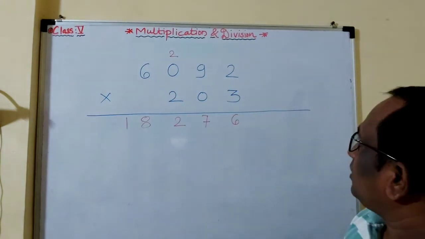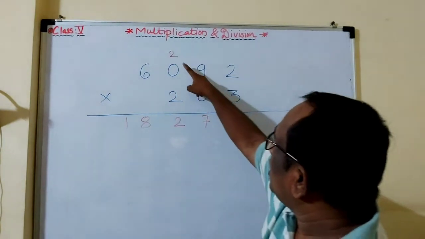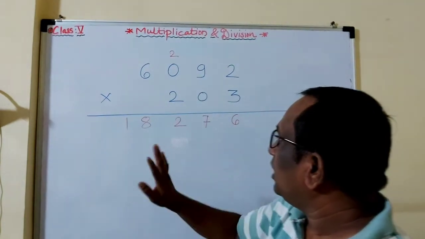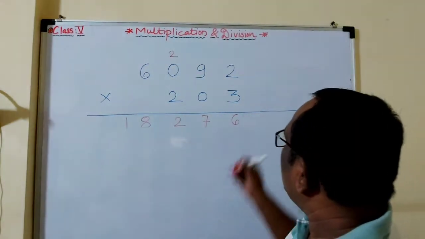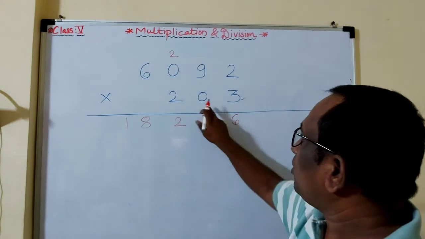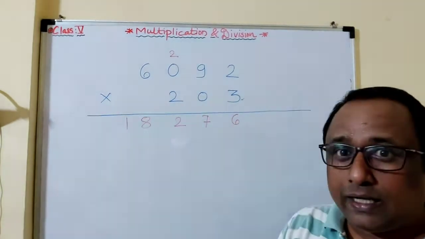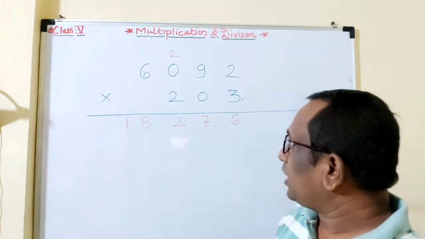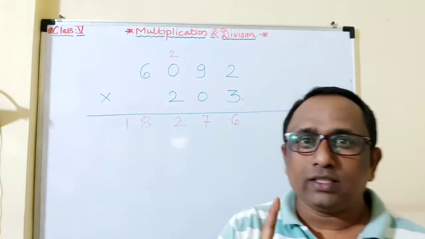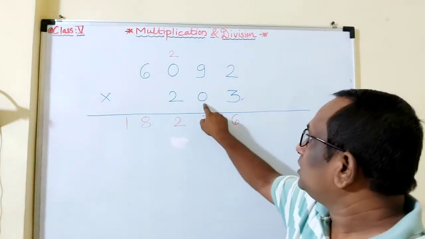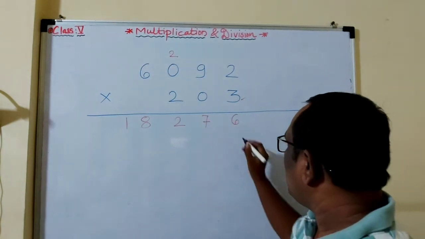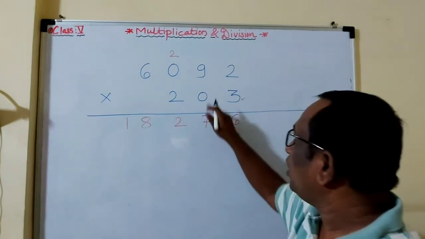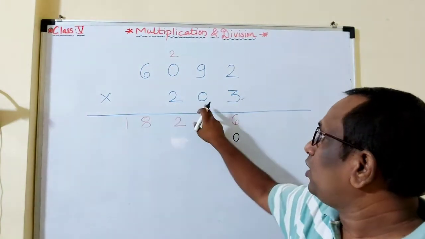See how I write unit place, 10 place, 100 place, 1000 and 10,000. Neatly you have to write. Now unit place over. Now I have to multiply by the 10th place. So 10 place here 0. Always keep in mind students, this here is 0. Okay, 0 is the 10th place, so don't forget to give here first 0 and then you have to multiply, because the 0 at the 10th place.